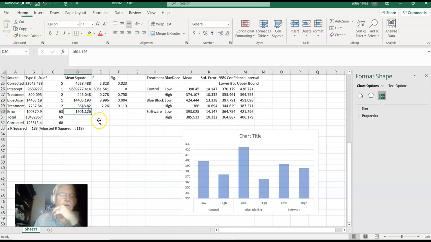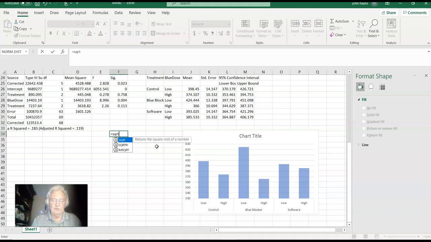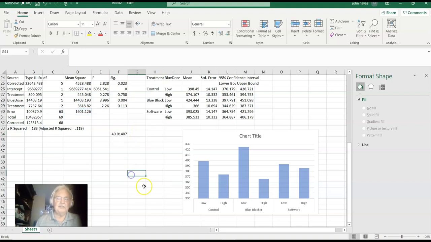Here's our mean square error term. So let's come down here and let's take the square root of our mean square error term to get our pooled standard deviation.